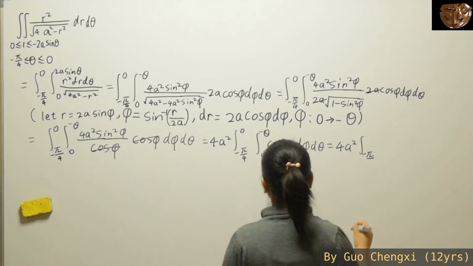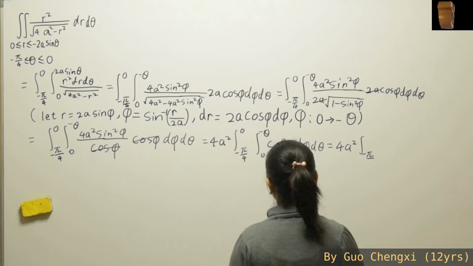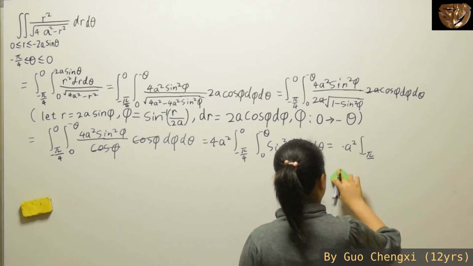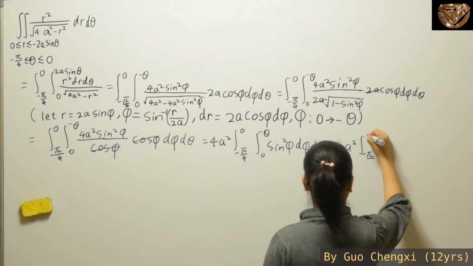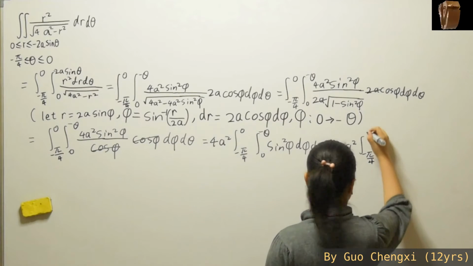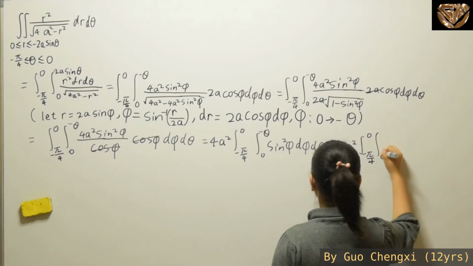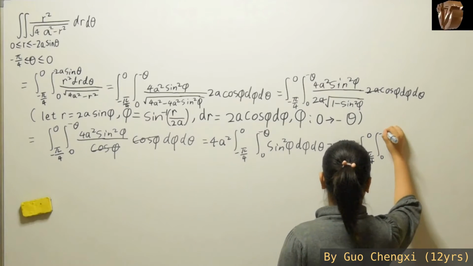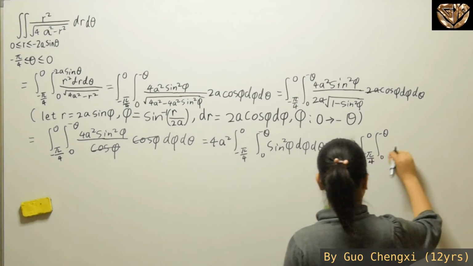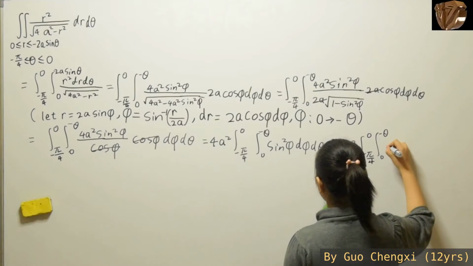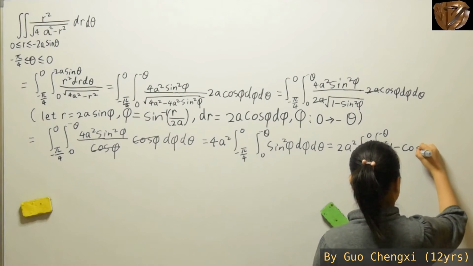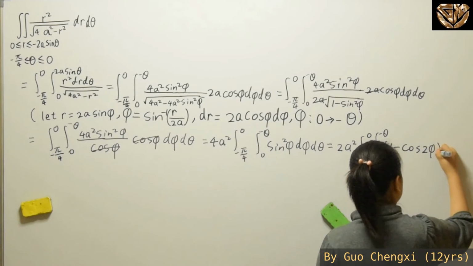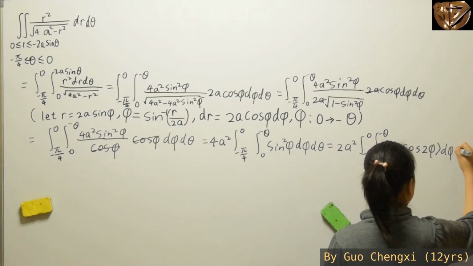For this part, you can use the double angle formula, which is one of the tools I will use. So you're going to have 1 minus cosine 2 phi d phi d theta.